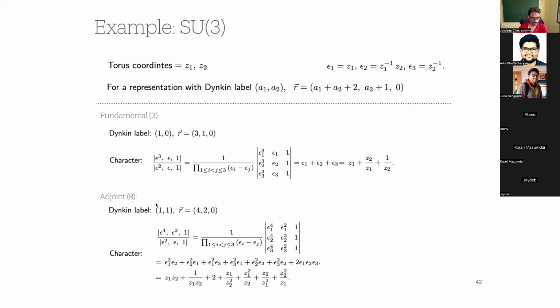Similarly, if I calculate the character function for the adjoint representation of SU3, which is 8-dimensional, the Dynkin label is 1, 1. Calculating R similarly, you will find 4, 2, 0. You put it back in the definition of the character function, and you get this character, which is the character function for the adjoint representation.